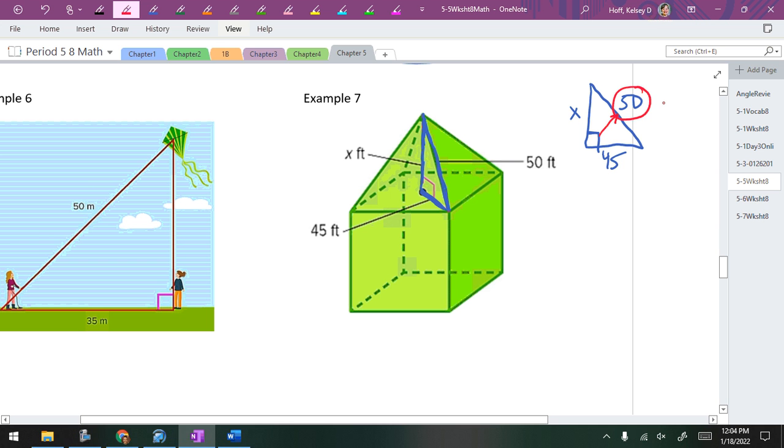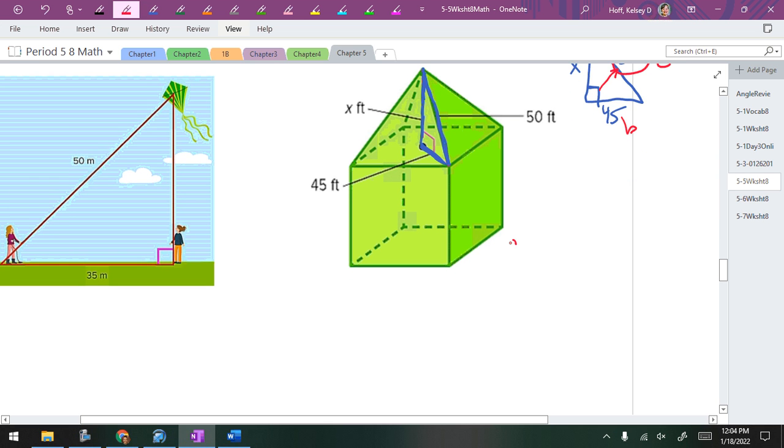C. Very good. What do you want A to be? X. And B? 45. So we would say A squared plus B squared equals C squared. A is X squared. B is 45 squared. C is 50 squared.